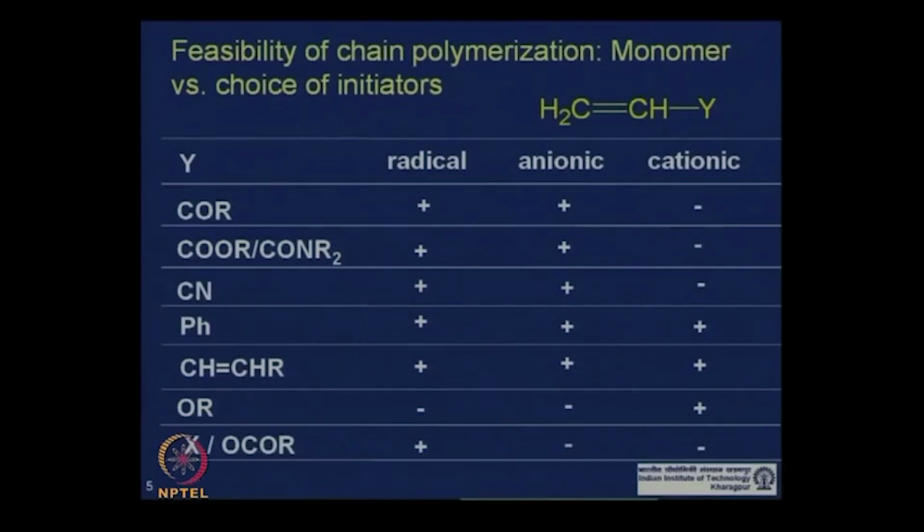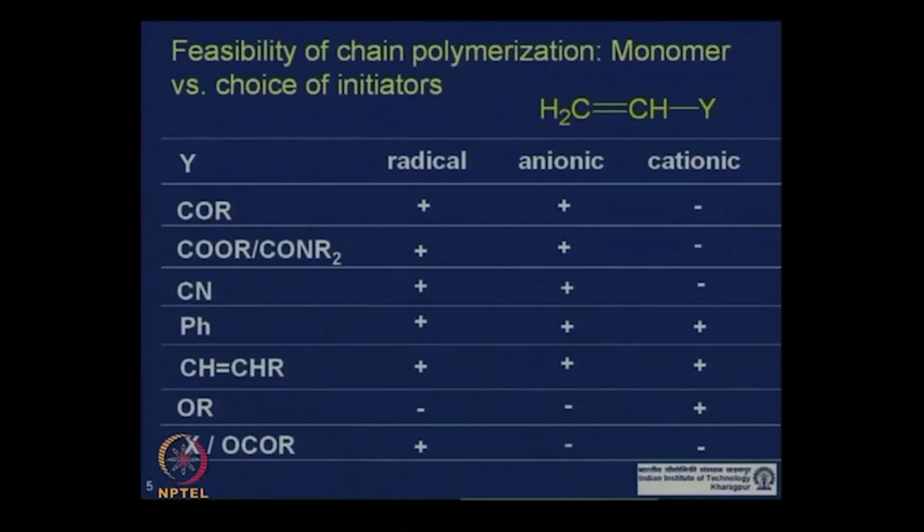If it is a halogen, then the halogen has a weak electron withdrawing inductive effect and a weak electron donating, resonating effect. Because both these strengths are weak, it does not get polymerized by anionic or cationic.